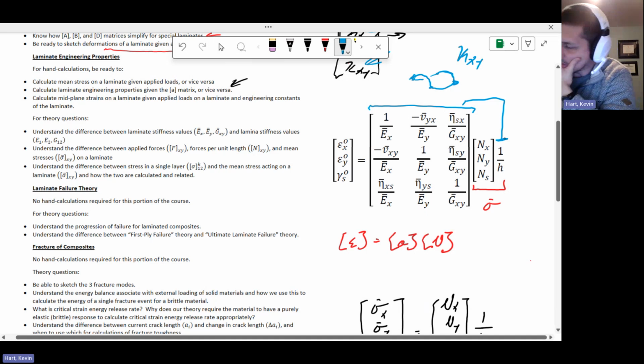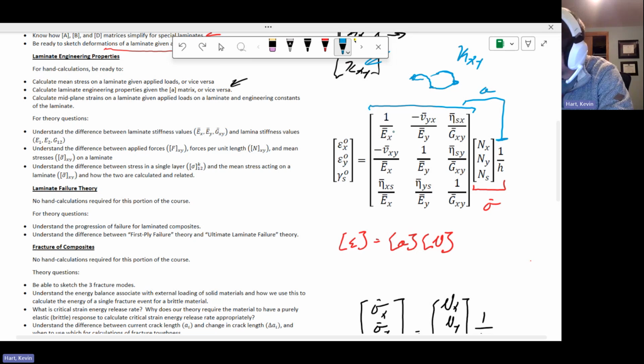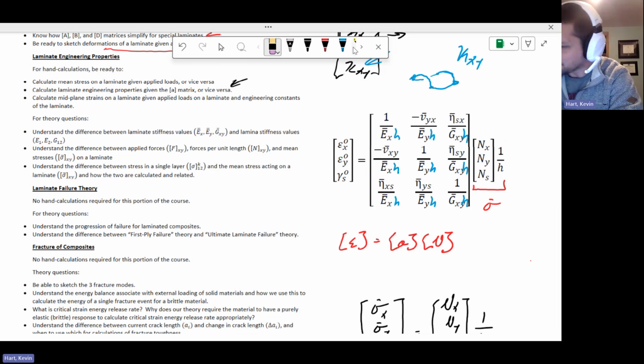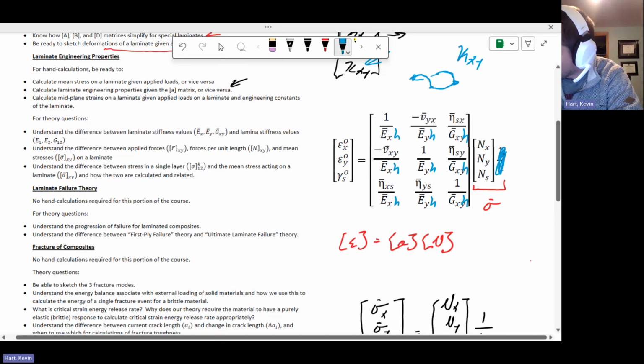So a lot of times you'll see this matrix represented not in the way that you see it now, but with little h's in the denominator everywhere. And so if you write the little h's in everywhere on this guy and get rid of this, then that would technically make this the A matrix.